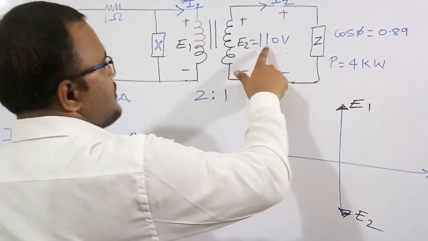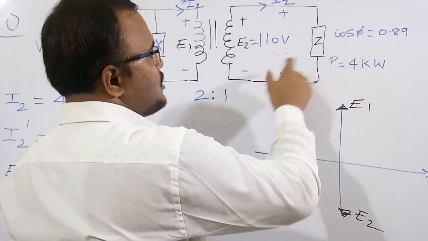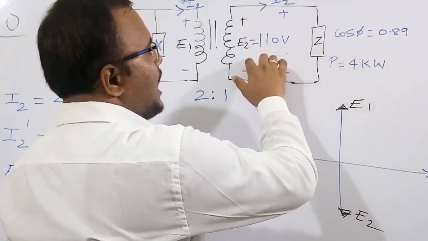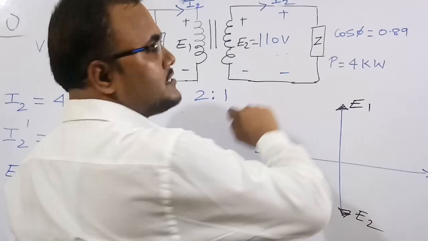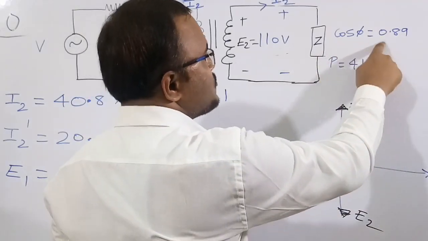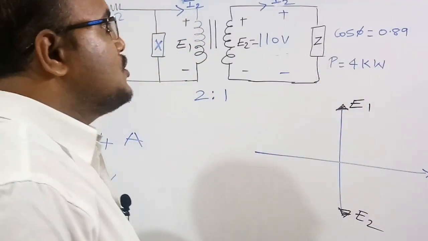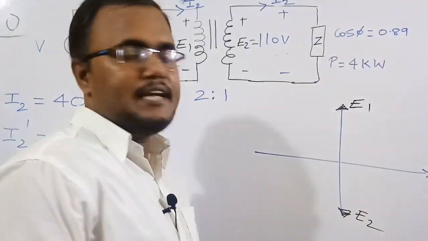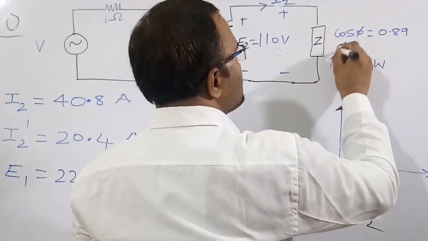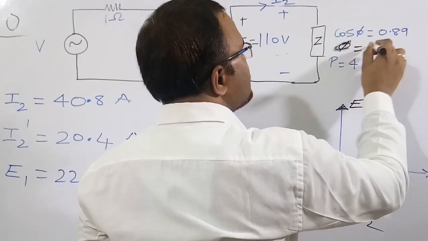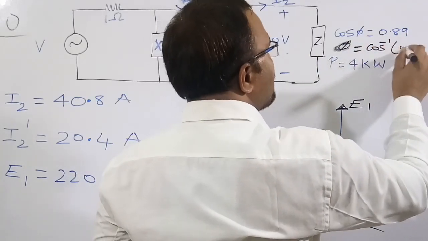We know for a load, the current will lag the voltage. This is a lagging load, so cos phi is equal to 0.89. So phi is equal to cos inverse of 0.89.